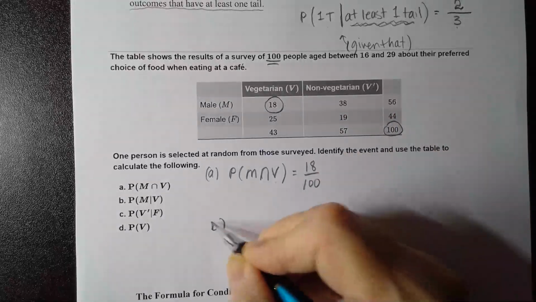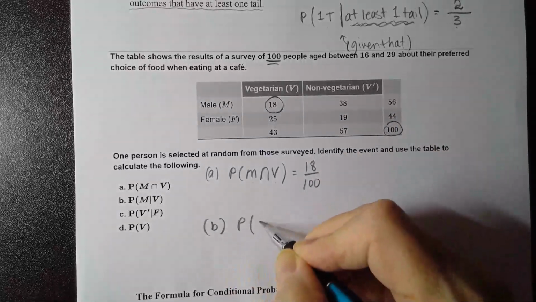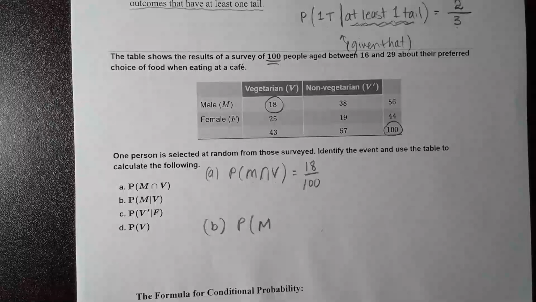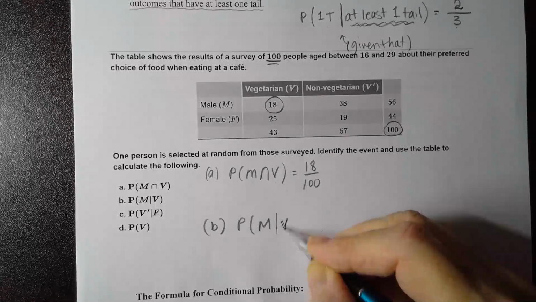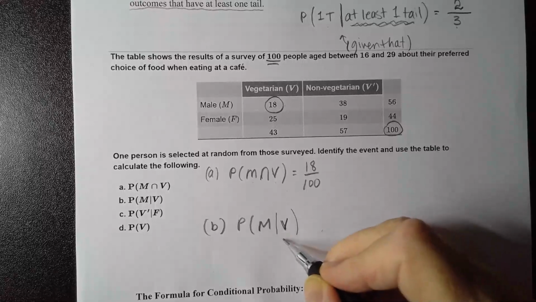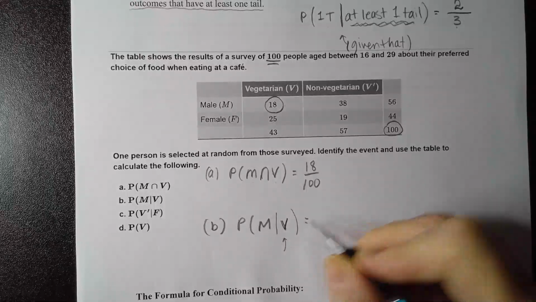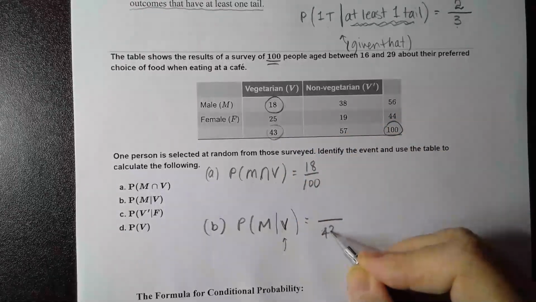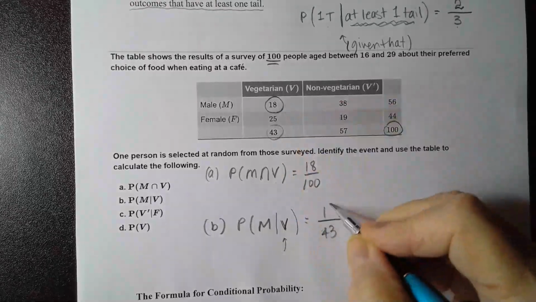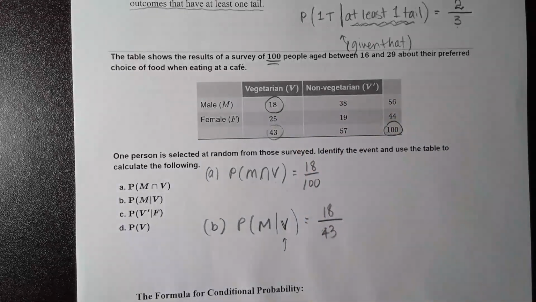B says, what's the probability that I pick a male, given that I'm only thinking of vegetarians? Okay, remember, this now becomes the denominator. So the total of vegetarians is right here, 43, and the male vegetarians is here. So 18 over 43.